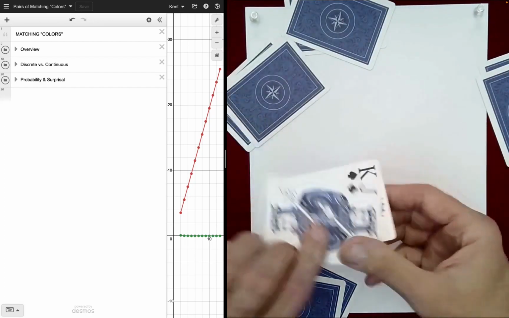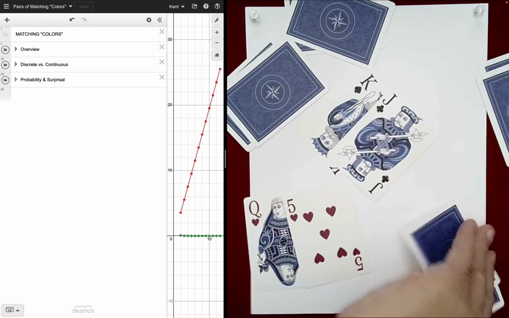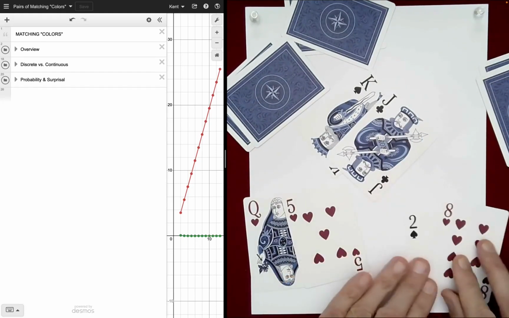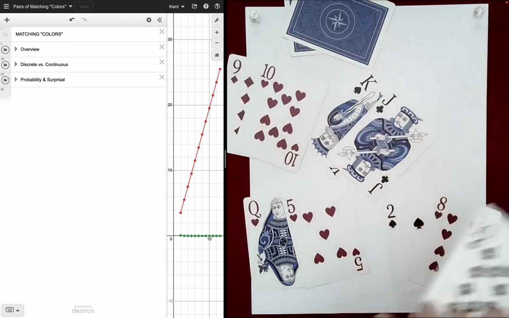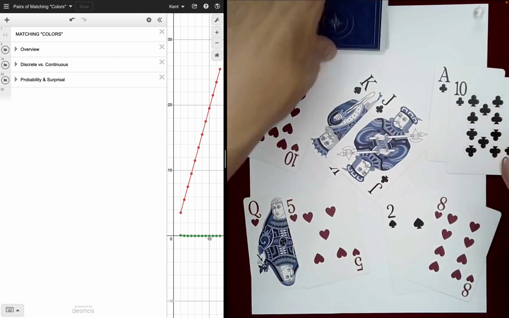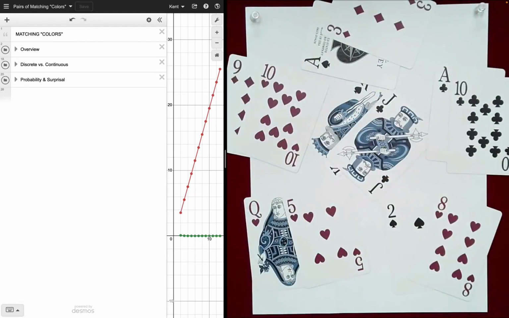Well, pretty small, right? So we've got one there, got one there. Okay, blew it there. We're doing fairly well, probably because I didn't mix them very well. That's my fault. Okay, so there we go. We got 4 of them to match in color, but 2 of the pairs did not.